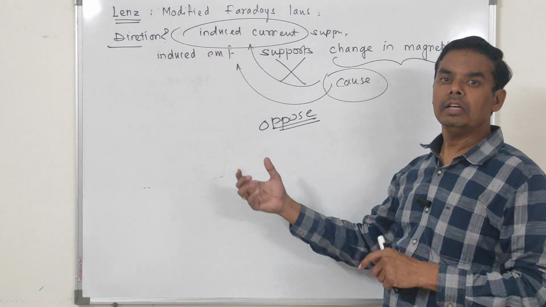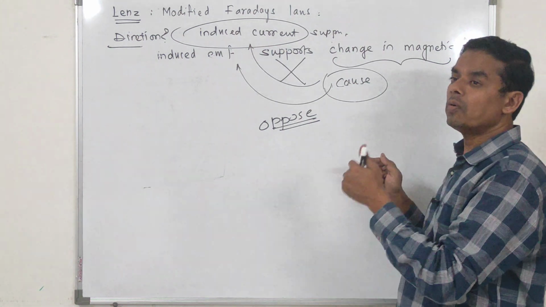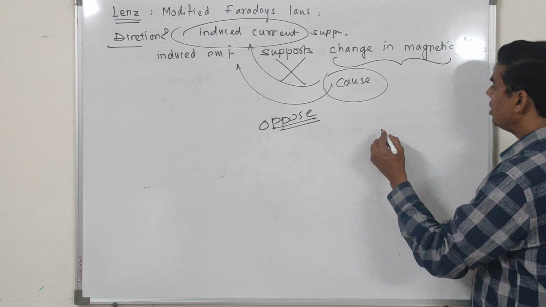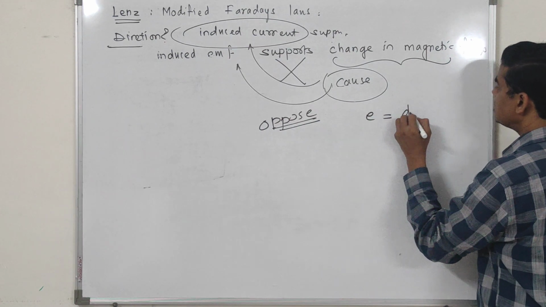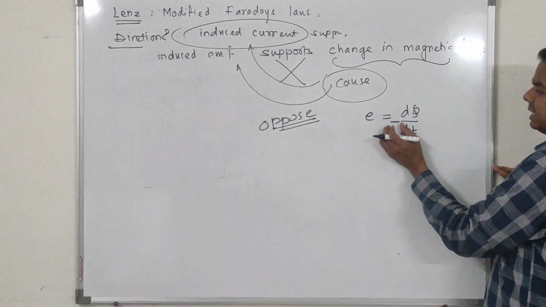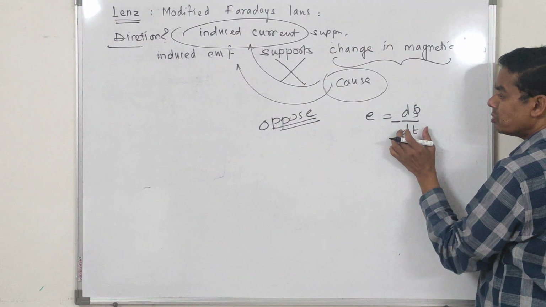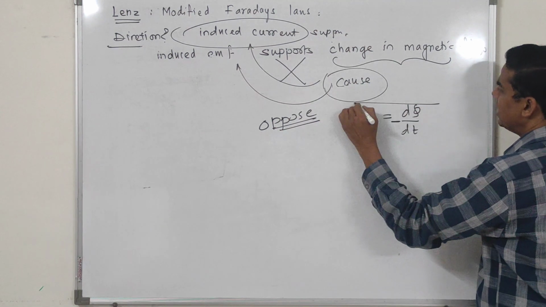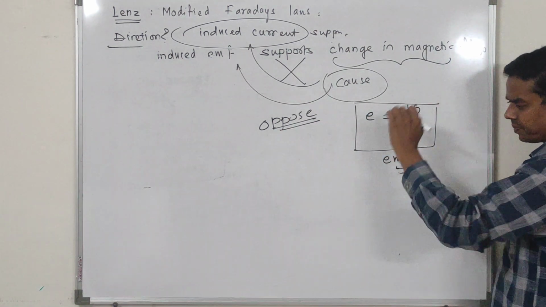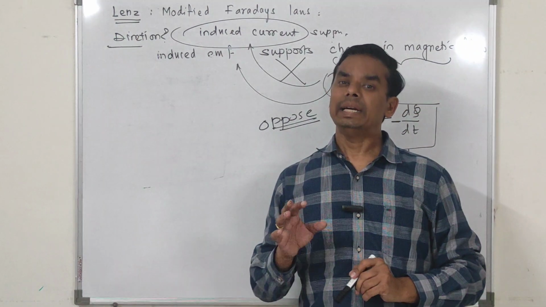So the induced current is induced in such a way that it opposes the rate of change of magnetic flux, and this is Lenz's law. According to this law, he modified the equation given by Faraday by giving a negative sign. This negative sign shows that induced EMF and induced current oppose the rate of change of magnetic flux, and this is the main equation for electromagnetic induction. And that's it for Faraday's law of electromagnetic induction and Lenz's law.